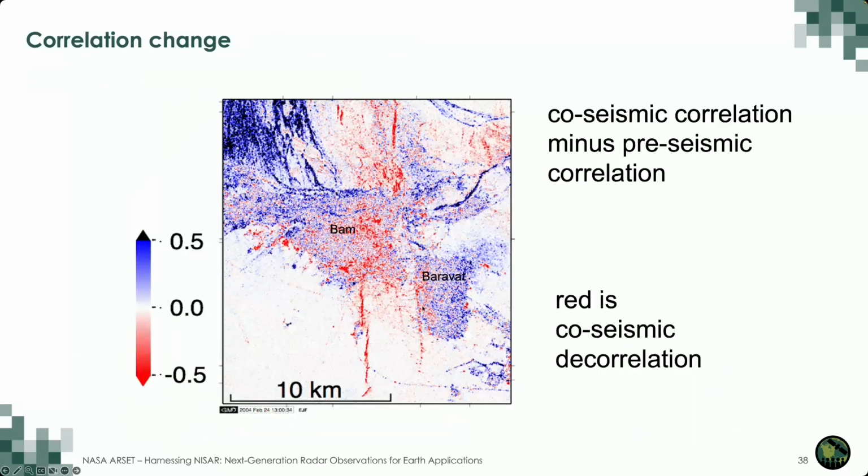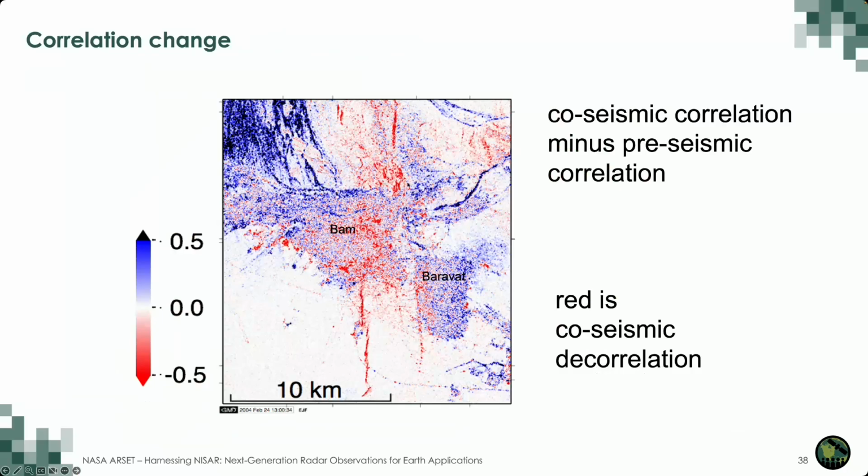So Baravat is now approximately 0, and these red areas in the city of Bam show the extreme destruction of large parts of the city, and the fault ruptures going south are very clear in this red color. And we also found that there was an additional fault rupture north of the city.